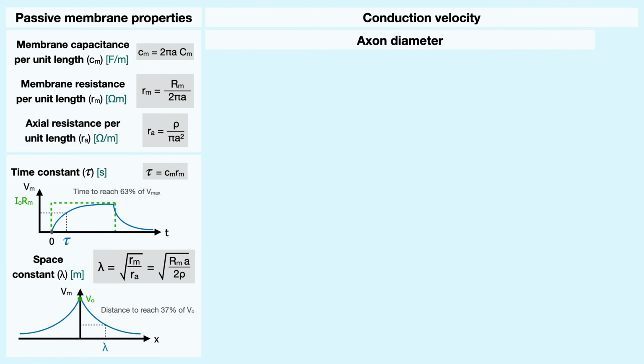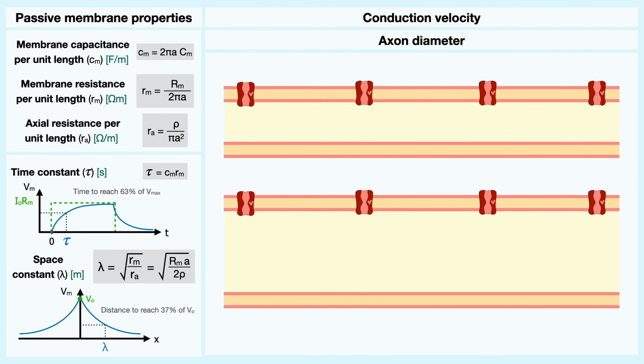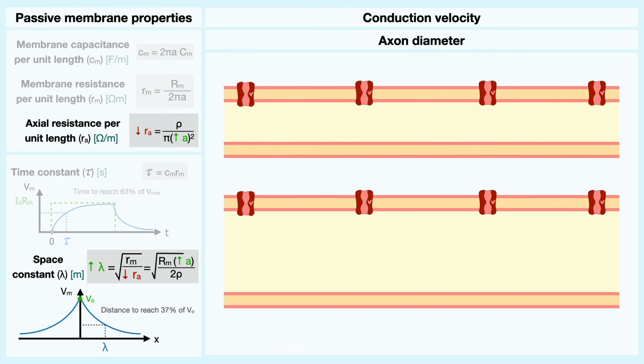Starting with the axon diameter, let's consider two distinct segments of axons with the sole difference that one is larger than the other. In terms of passive membrane properties, a larger diameter will have the effect of decreasing the axial resistance and essentially increasing the space constant.